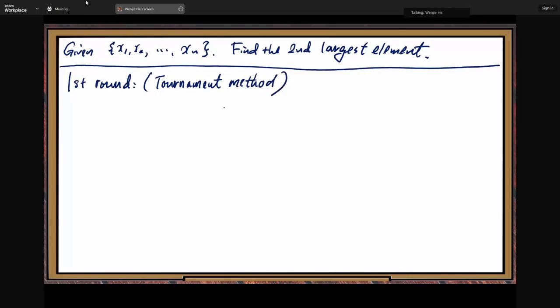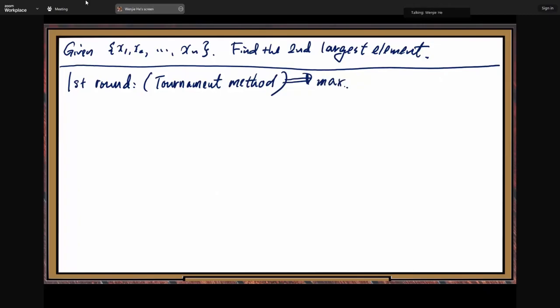So let's try to pair. Because here, n could be even, could be odd, when you run the tournament method. When we run this tournament method, our goal is to find the max.